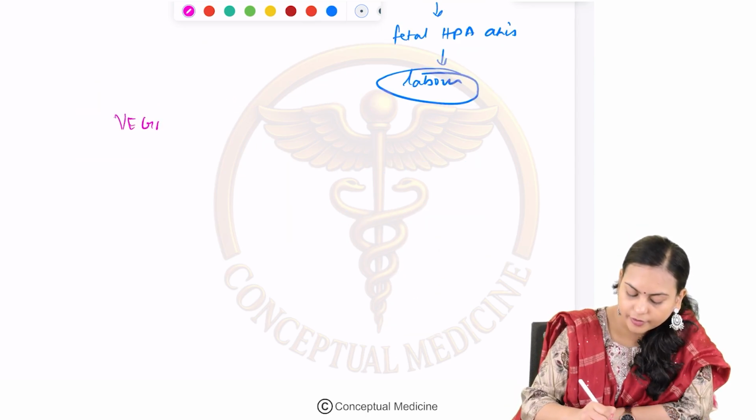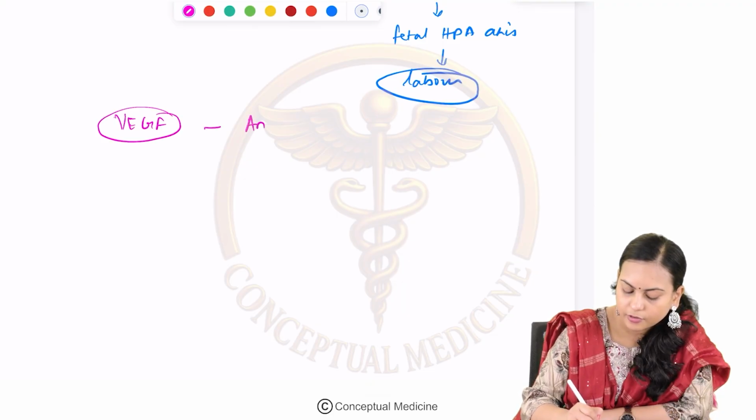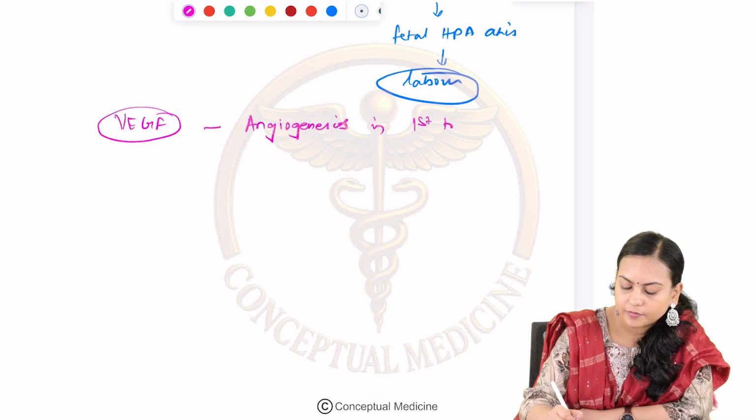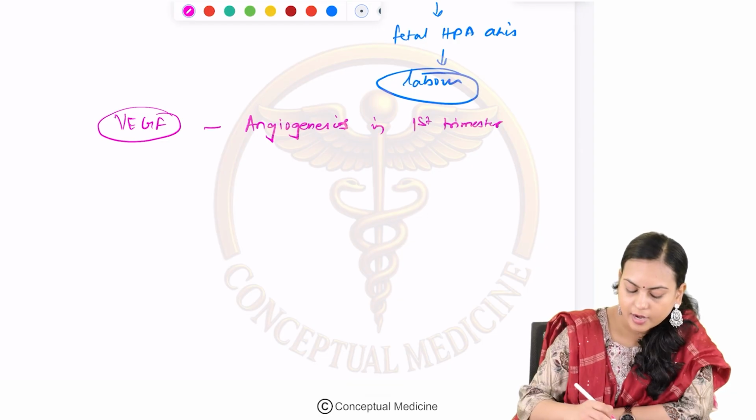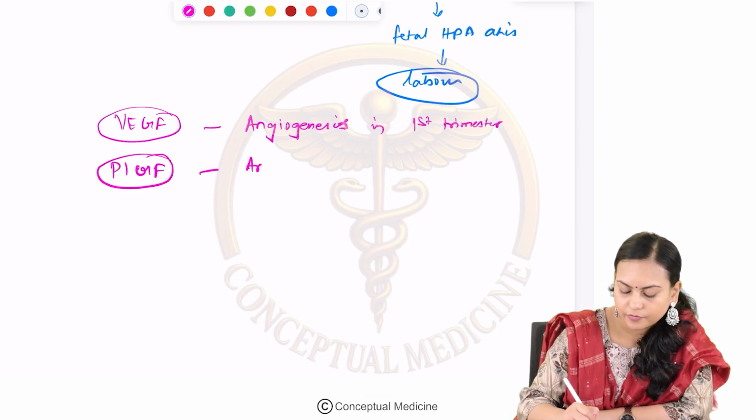Vascular endothelial growth factor is responsible for angiogenesis in the first trimester, and placental growth factor is responsible for angiogenesis in the third trimester.